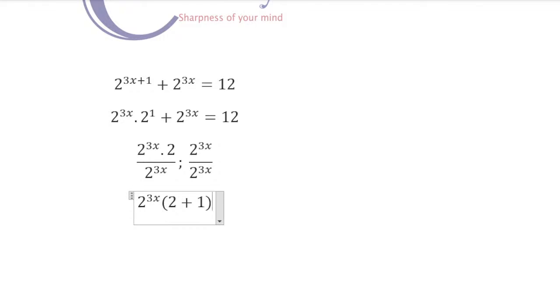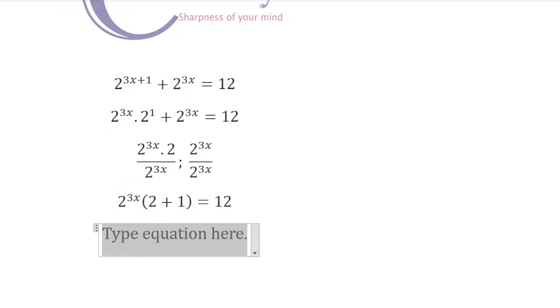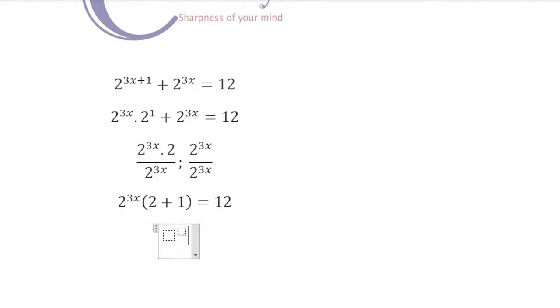So 2 to the power 3x into 1 is equal to 12. Remember, I told you that the right hand side is in the simplified form. So now it's going to be 2 to the power 3x, into 2 plus 1, that is 3, into 3, close brackets, is equal to 12.